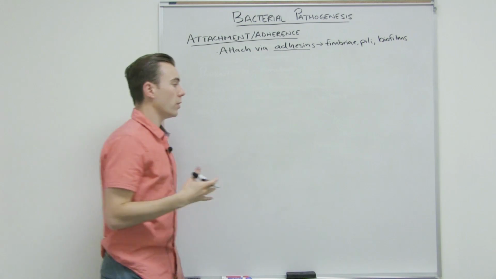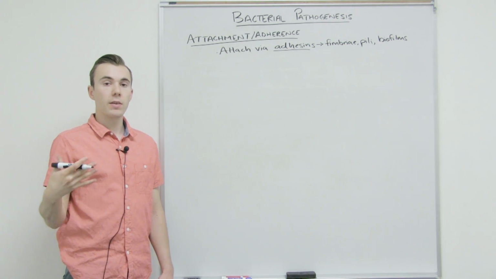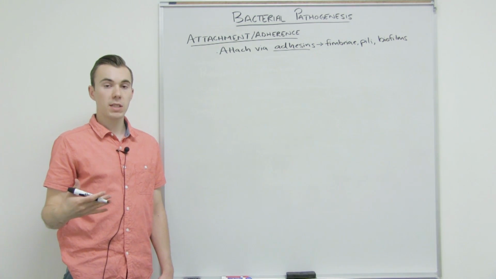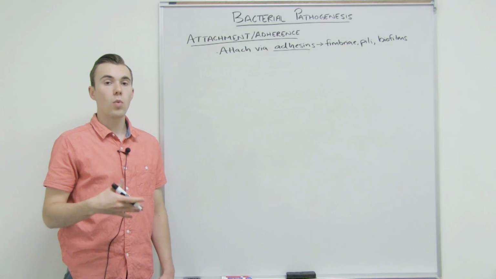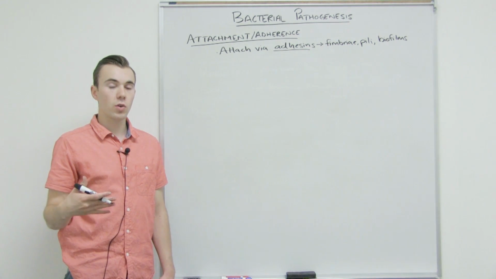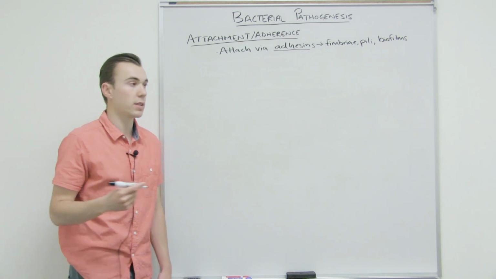Pili are not only used for attachment, but for conjugation as well. And conjugation is a way that plasmids are shared. Plasmids contain toxin production, which is going to be beneficial in a further video that we'll discuss. But I just want to show that pili are not solely used for attachment.